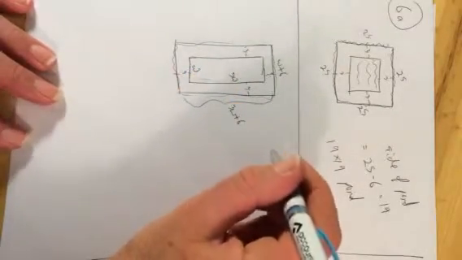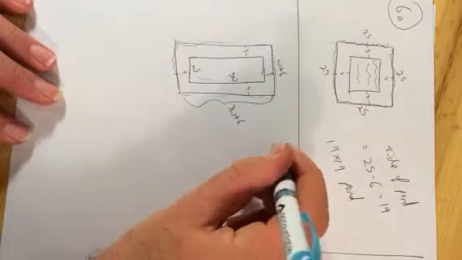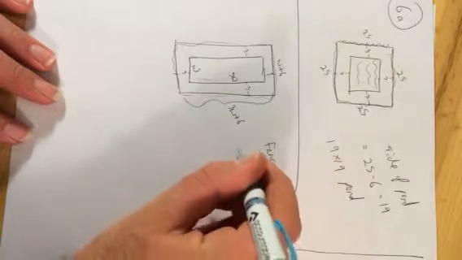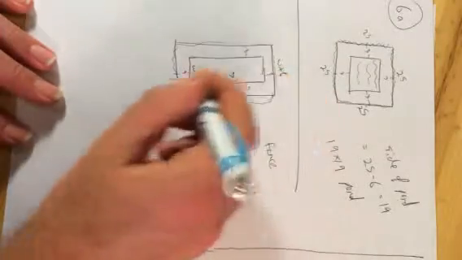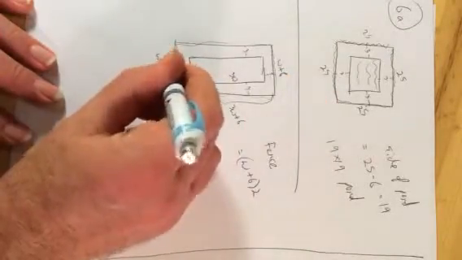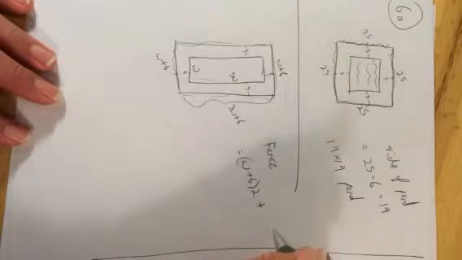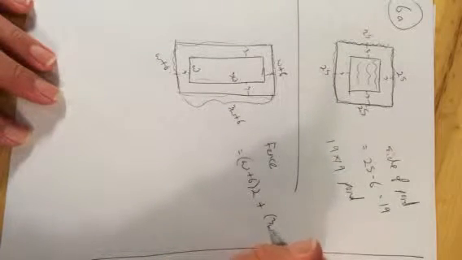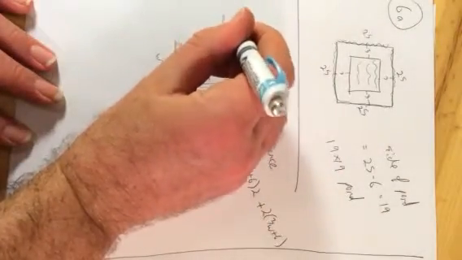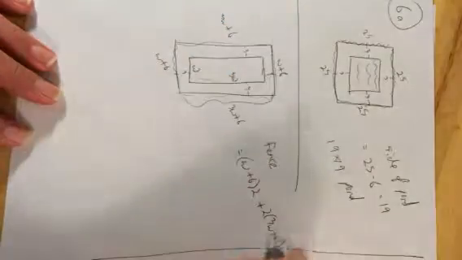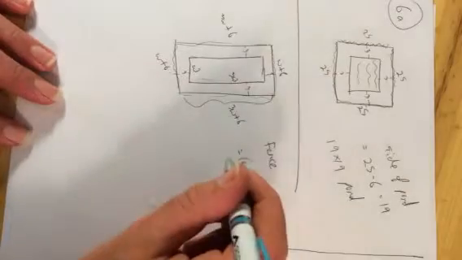Alright, so what we know is that the perimeter of the fence, which is going to be W plus 6 times 2, 1 for the top and 1 for the bottom, plus 3W plus 6 times 2, right, because there's another 3W plus 6 over here, has got to be equal to 100.